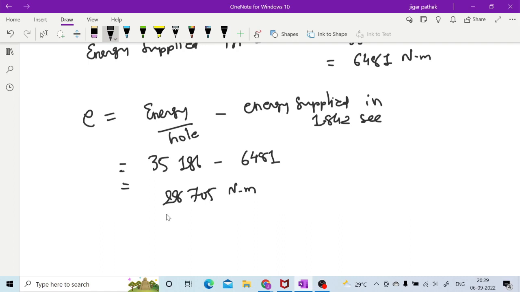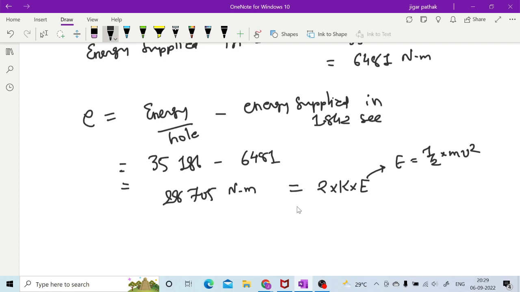Now once you have this energy with you, you can equate it to 2 into k into the energy, that is 1/2 mv square. This energy is actually equal to 1/2 mv square, right?